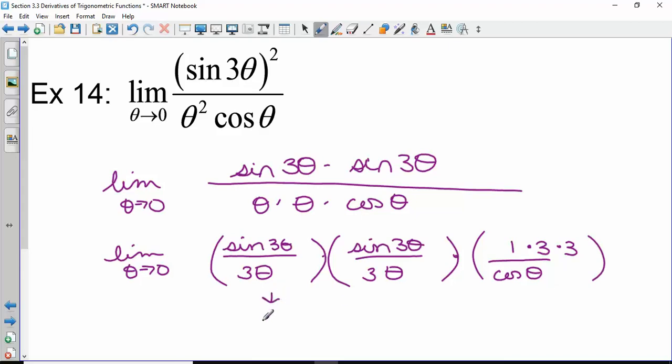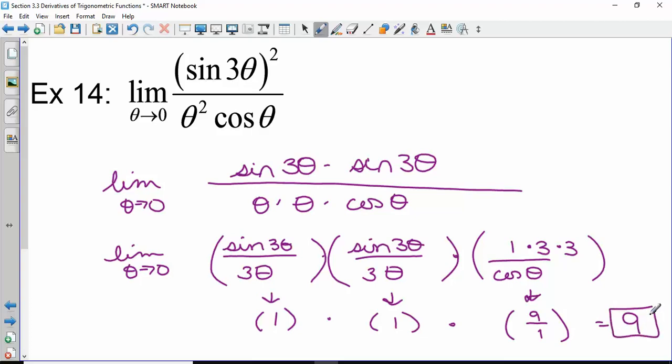Now we can do our limits. Sine 3 theta over 3 theta would go to 1 times 1 times 1 times 3 times 3 is 9 over cosine of 0, which is 1, and we get 9.